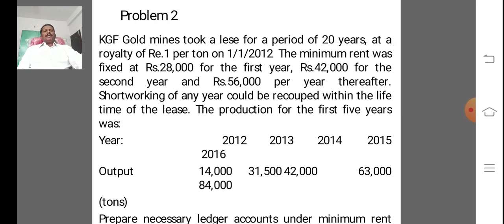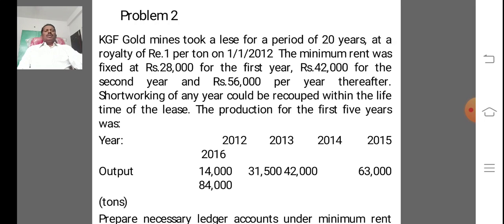The production for the first 5 years was: year 2012, 14,000; 2013, 31,500; 2014, 42,000; 2015, 63,000; 2016, 84,000.